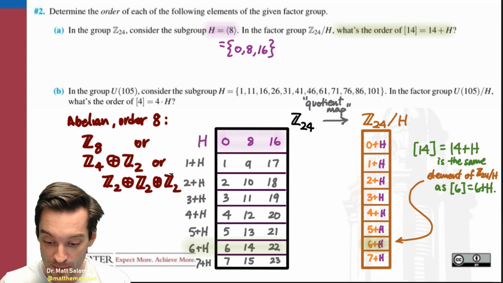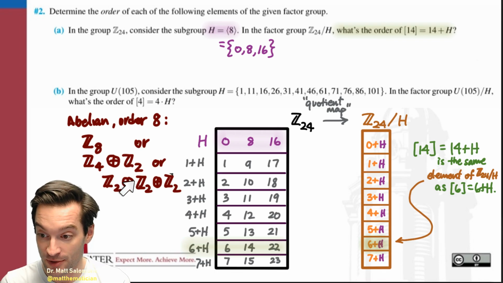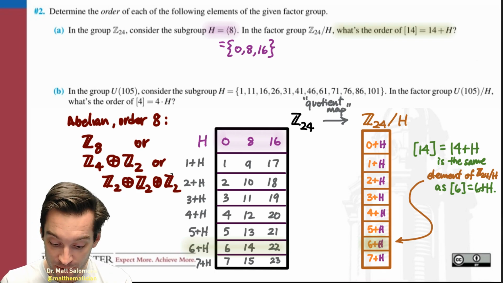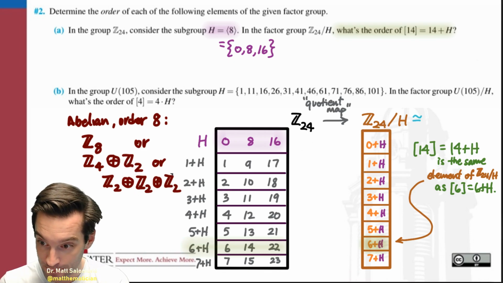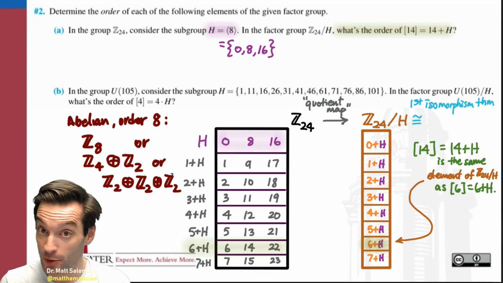So we have now some nice ways of understanding the kinds of evidence we would need to distinguish between these 3 different options. So let's see if we can figure out to which of these 3 options this factor group is isomorphic. And the way we can do that is by using the first isomorphism theorem.